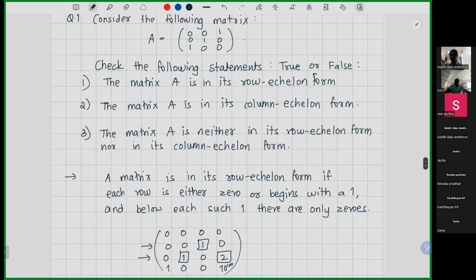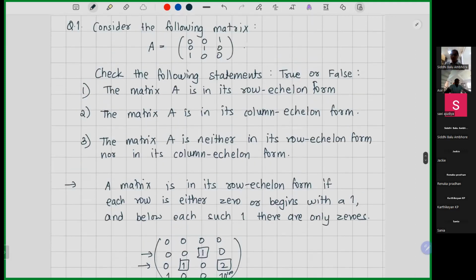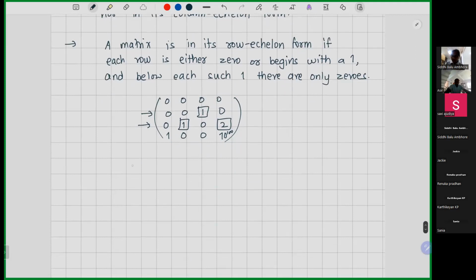Our given matrix A is 0 0 1, 0 1 0, 1 0 0. We will check the first row. The first non-zero entry is 1, and all the entries below this 1 are 0, so the first row satisfies the condition.